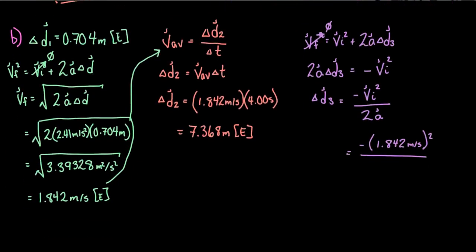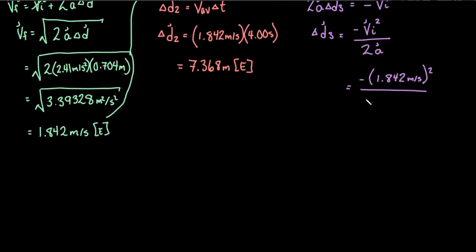Remember, we defined east as positive. So when we plug in that acceleration now, we have to plug it in as a negative value. So I'm plugging in the acceleration as negative 0.704 meters per second squared. Okay.